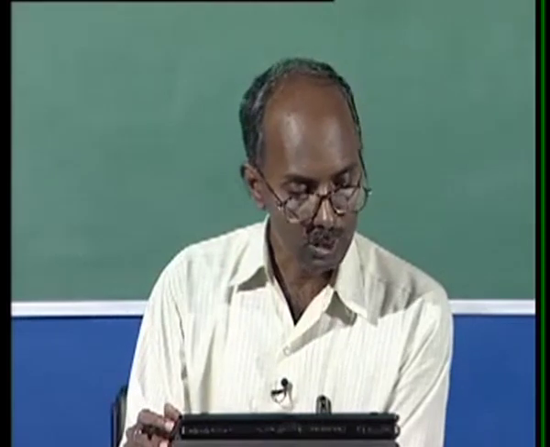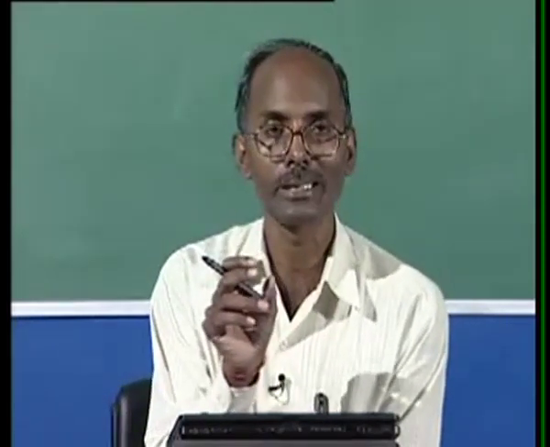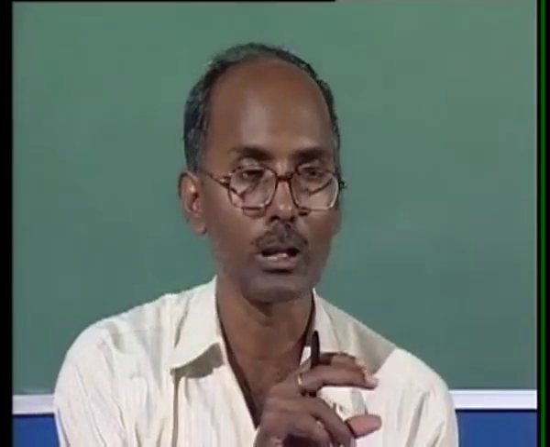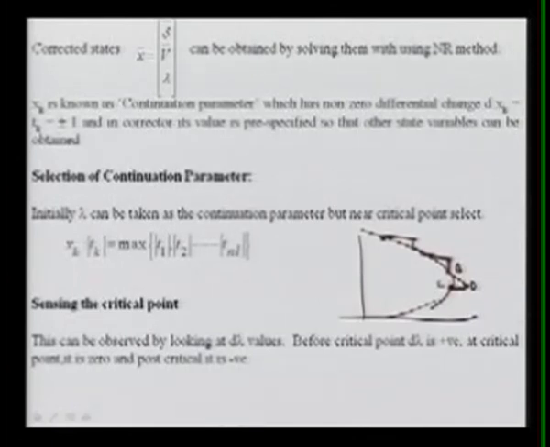Every time we move a small distance along the tangent, use the predictor by solving one load flow, then correct with another load flow. We keep doing this until we move to the nose point. But this method will give the converged solution, no doubt, in any case.